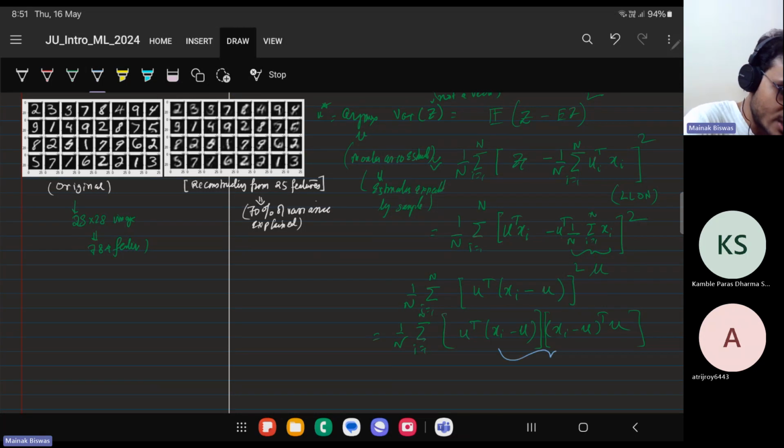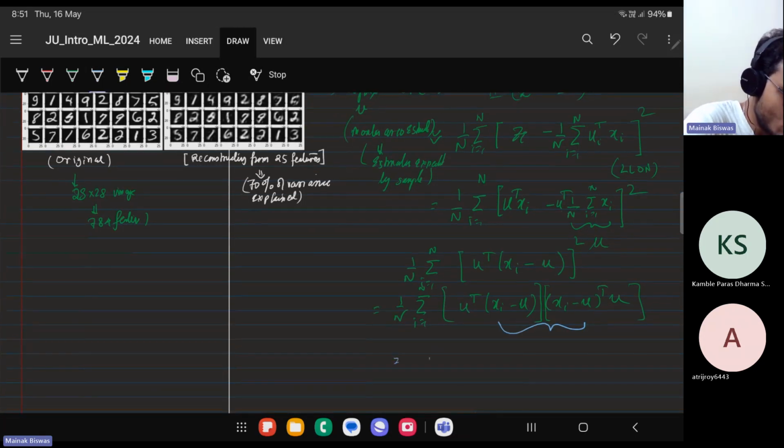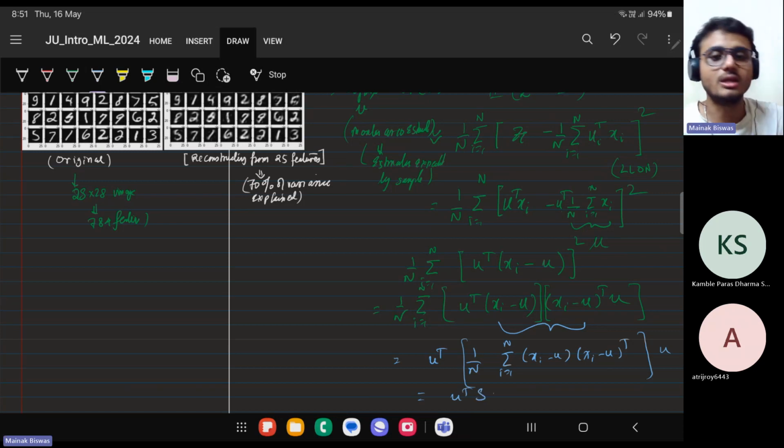So this becomes an associative property: u transpose, 1 by n sum over i equal to 1 to n of (xi minus mu)(xi minus mu) transpose, times u. This is also equal to u transpose S u. Do you agree? Any questions?